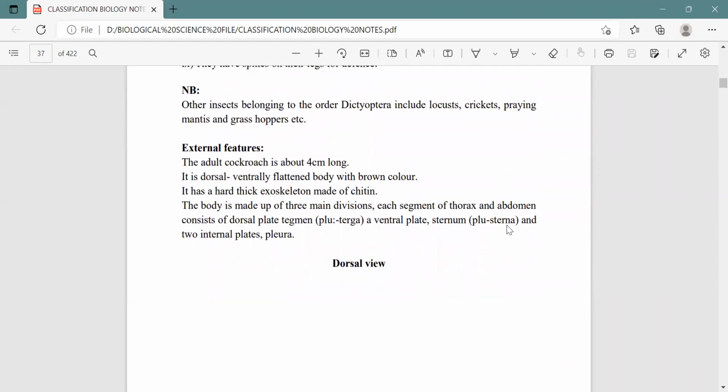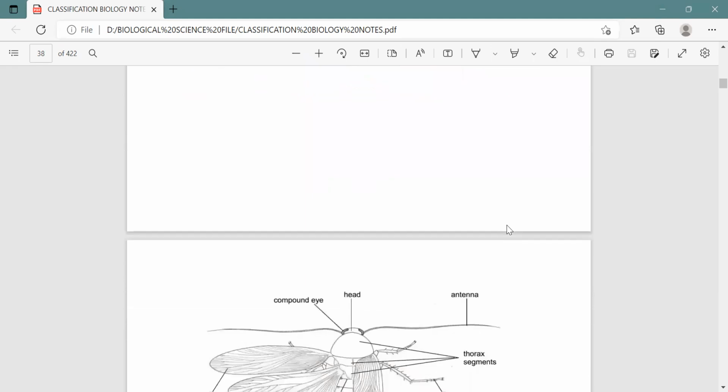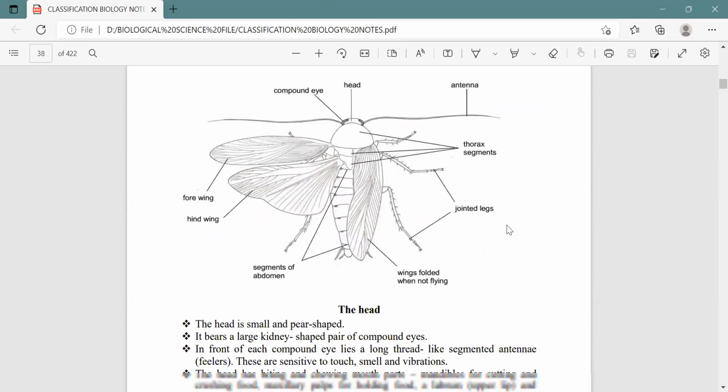Now, these stated external features that you see there help you to observe the animal very well. You can measure it. You can observe its color, its exoskeleton, body divisions. That is important to a taxonomist.